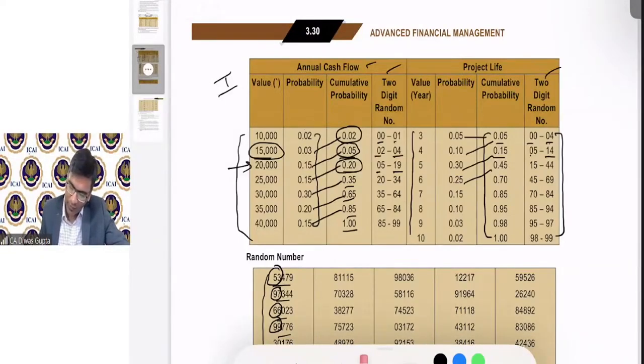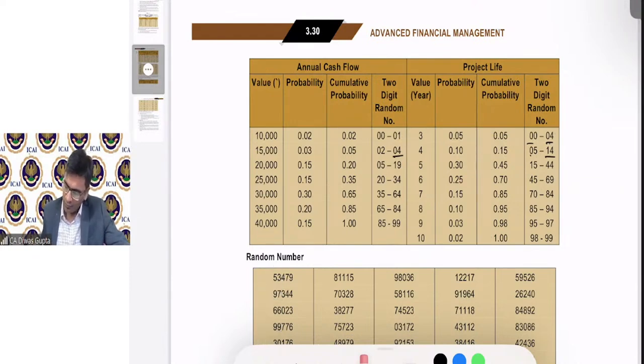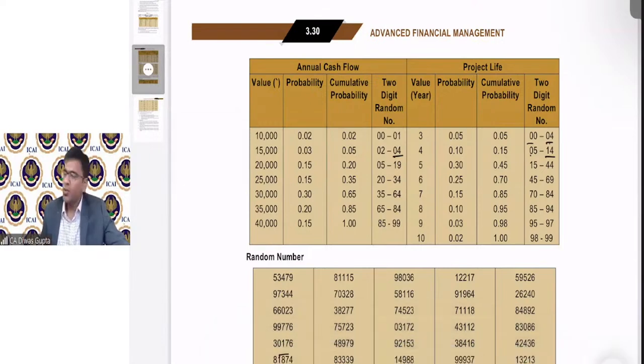Let me rub everything so that I can point out the specific thing.